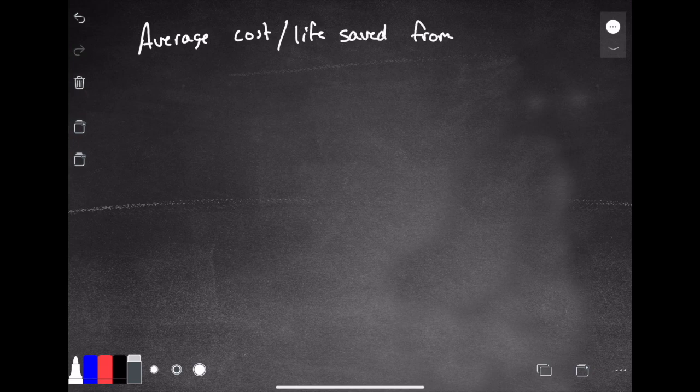Let's apply this to the real world, and let's say that the average cost per life saved from, let's say, airbags is equal to $1 million.